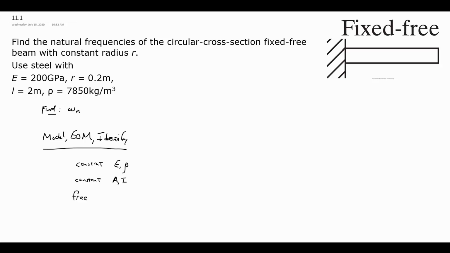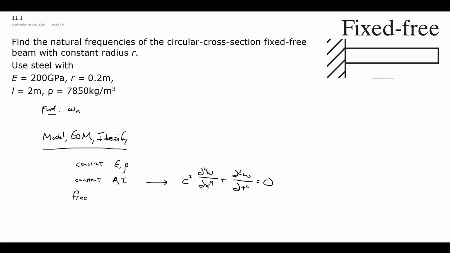Because all of those are satisfied and we are looking at transverse loading in this case, the governing equation, the equation of motion, is c squared del fourth w del x to the fourth plus del squared w del t squared equals 0.